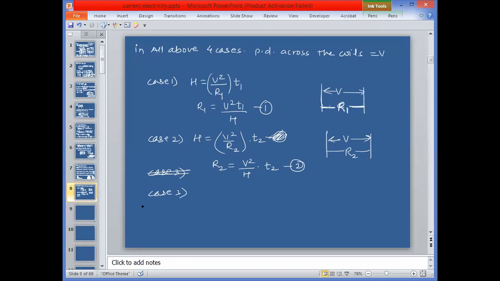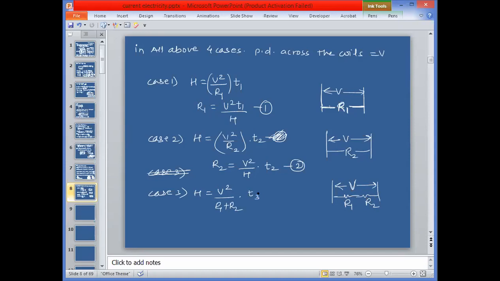Then case 3. In case 3, we have two coils in series, R1 and R2, and the total potential difference across the combination of the coils is V. So heat is equal to power into time. Power is equal to V square upon R effective, that is V square upon R1 plus R2 because the coils are in series, into time.